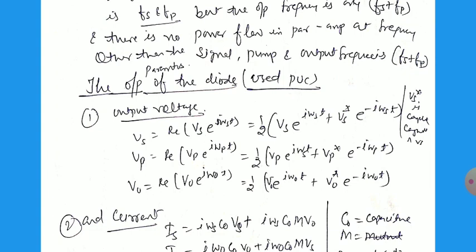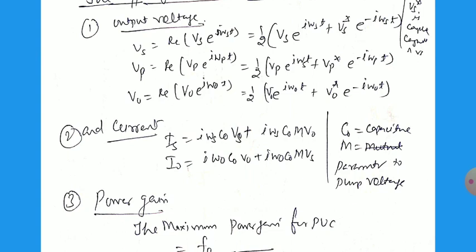The current is I equal to dq by dt and q equal to Cv. On rearranging the different parameters, we can write Is equal to iota omega s Cu Vs plus iota omega s Cu m Vo, and similarly Io equal to iota omega o Cu Vo plus iota omega o Cu m Vs, where Cu is the capacitance and m is the parameter related to the pump voltage.